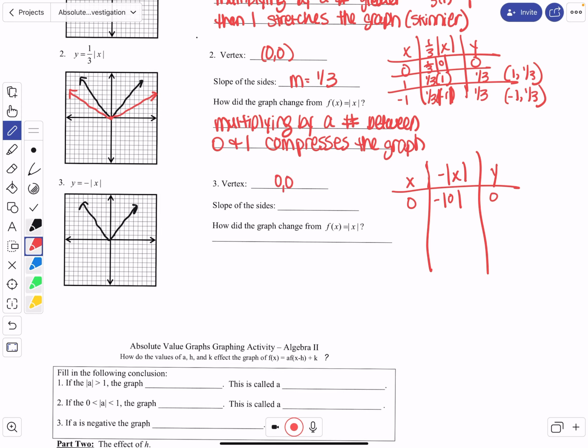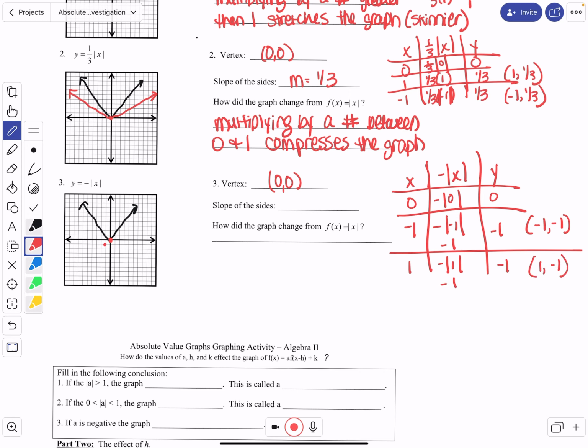So my vertex is still going to be 0, 0. But if I do -1, absolute value of -1 is just 1, but then I have this negative here on the outside. So my y value is -1. So my coordinates are now -1, -1. And then if we do a +1, absolute value of 1 is 1, but I still have a negative. So I have 1, -1.